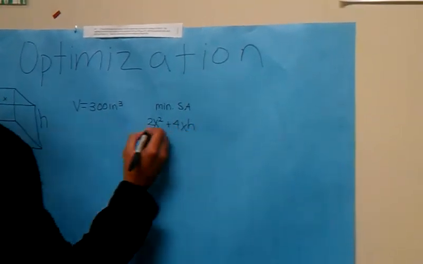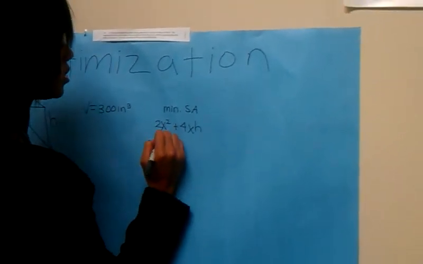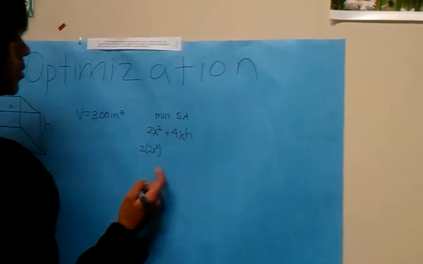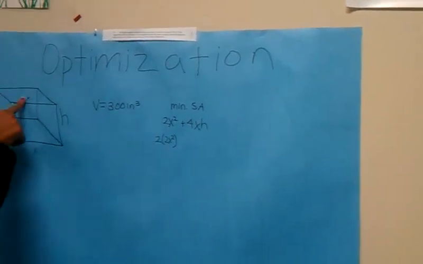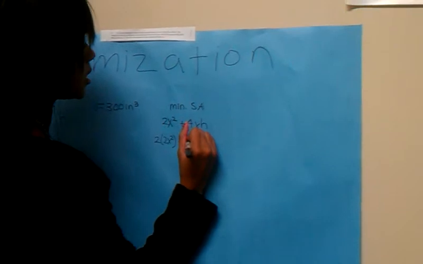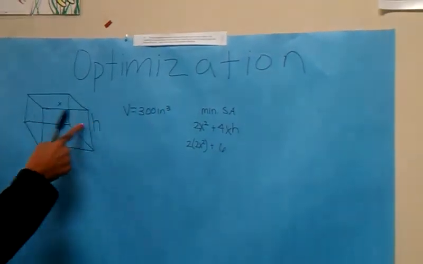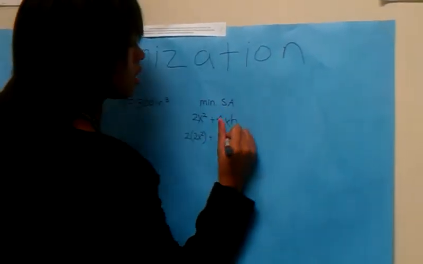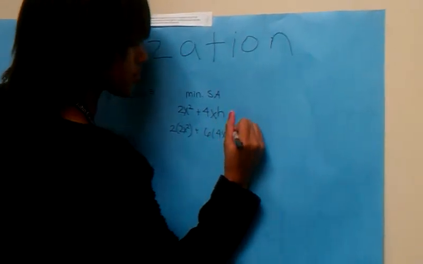And we'll multiply the x squared by 2 because it costs $2 per square inch for the top and the bottom, plus 6 for the sides, it costs $6 for the sides, times 4xh.